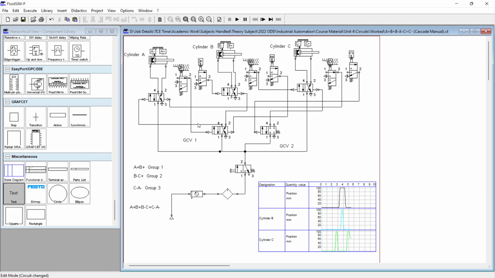Now we give the connection to the limit switches from the respective power lines. Group 1 A plus and then B plus will receive the power input from power line 1. So this is power line 1.